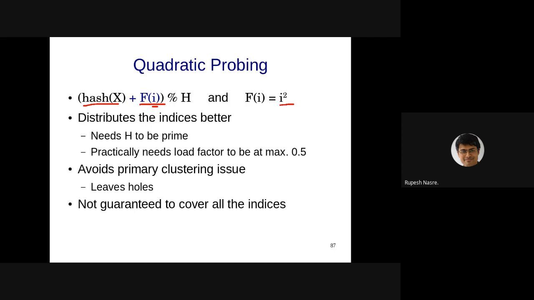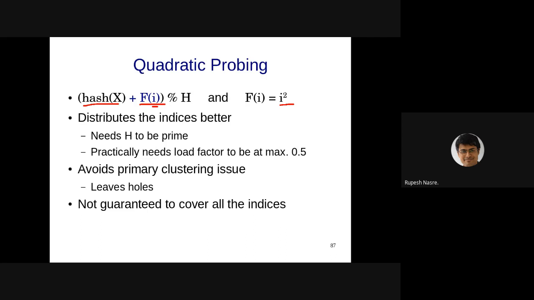So if you go around like this, it's not always guaranteed that it will cover all the indices. So some indices will never be reached. That is possible with respect to f we are talking about. But the same problem can occur with hash also. I mean, the hash function that you might have designed might not cover all the indices that are possible from 0 to h minus 1. Right? So this is a little smaller issue, but it might cause some other problems, as we'll see.